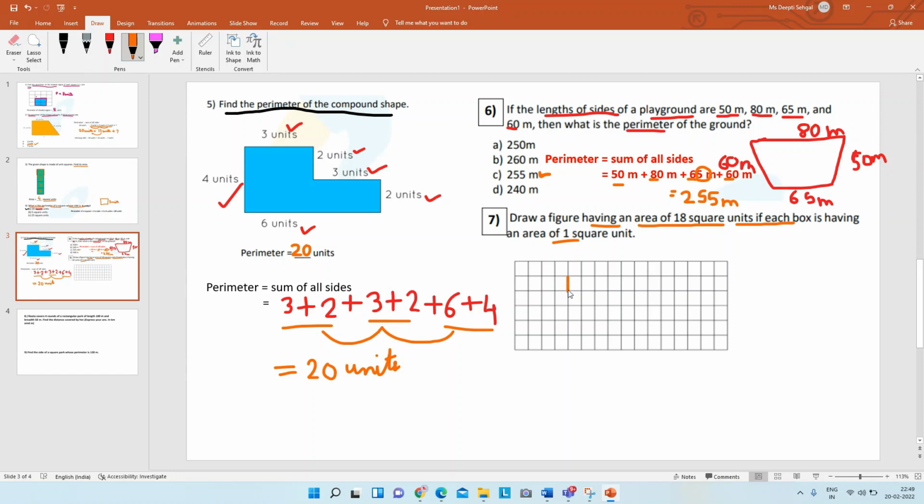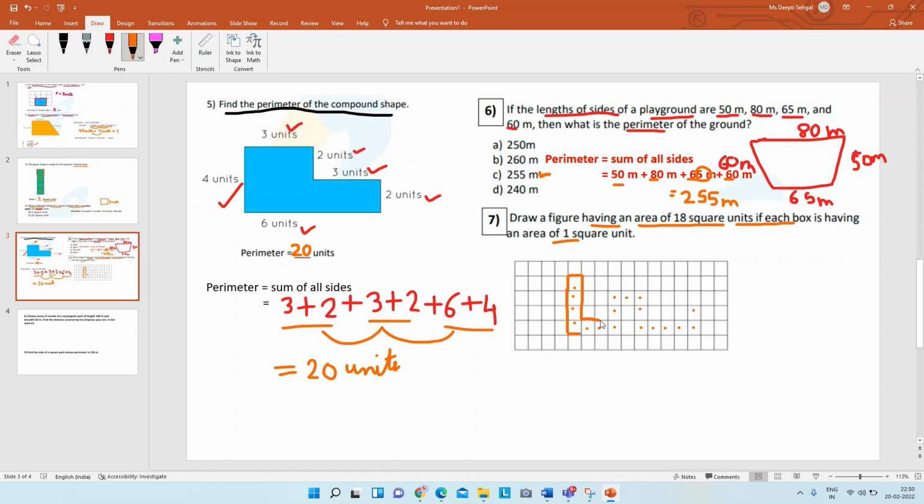So let's find. This is like 1 square. If I'm making it like this, 1 square, 2, 3. Now I am taking it, moving it like this. So 1, 2, 3. यहाँ पे आ गए 4. This is 1, 2, 3, 4, then 5, 6, 7, up to 18.